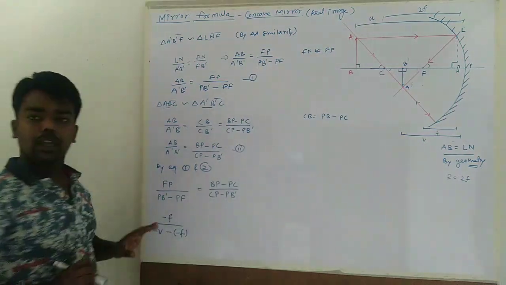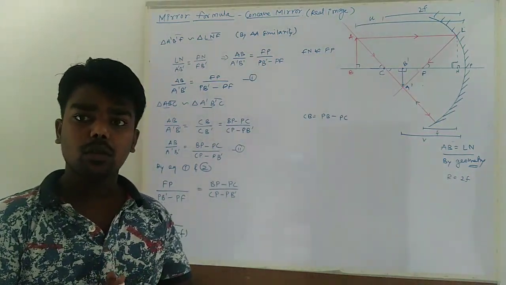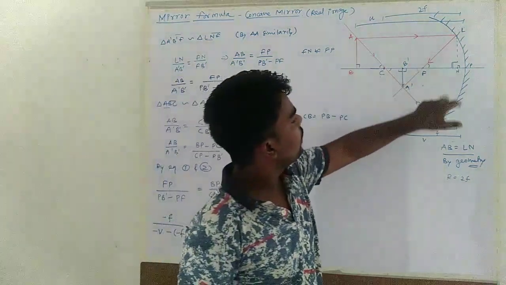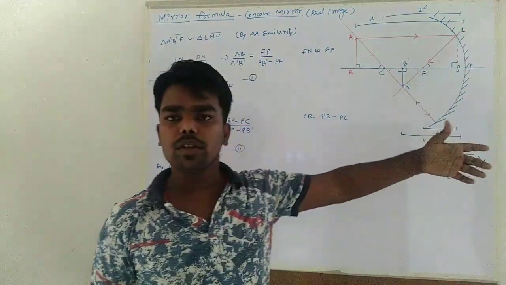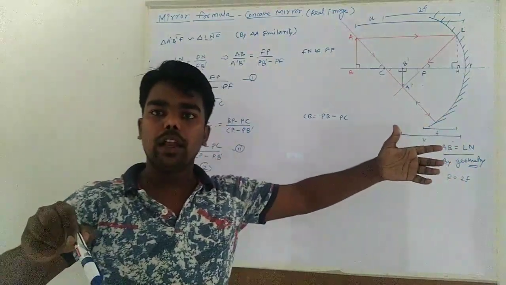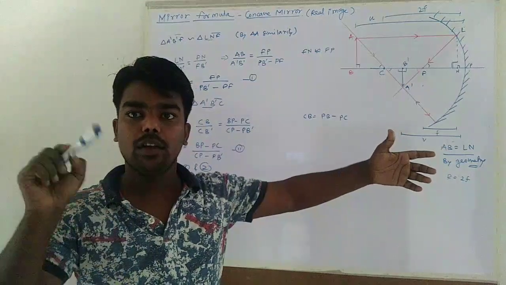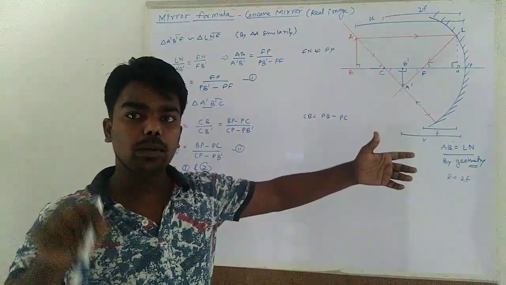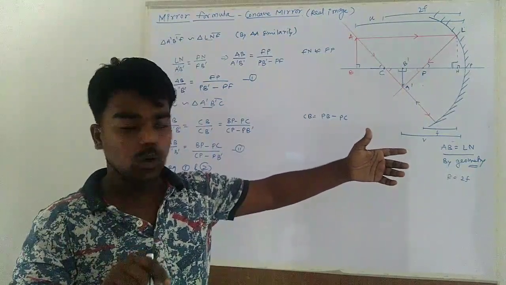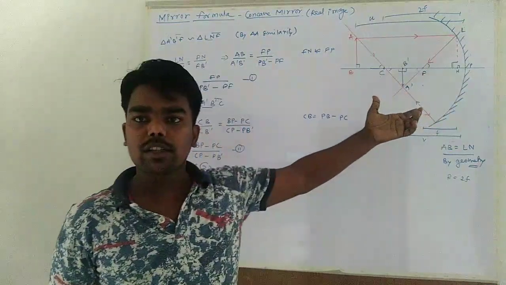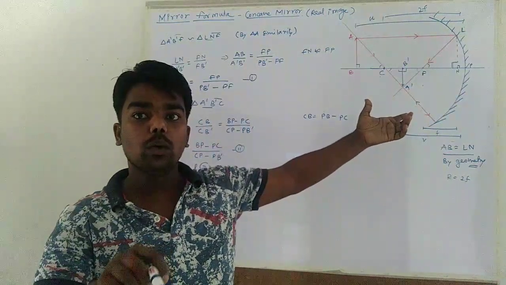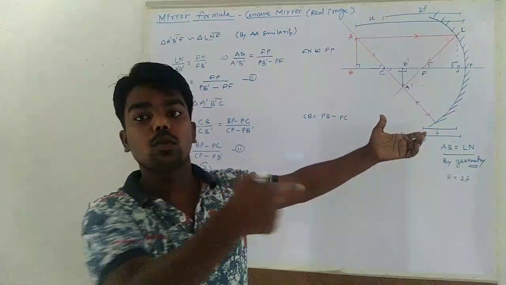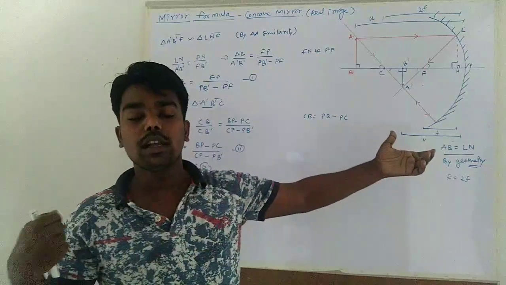Now keep in mind the sign convention rule we have seen. When we are writing a form like PF, PF is the distance, but when we put its value, there should be a sign along with the value, because PF only gives the distance, but when you put its value, the sign tells you the distance is measured from the pole towards the left-hand side or the right-hand side.